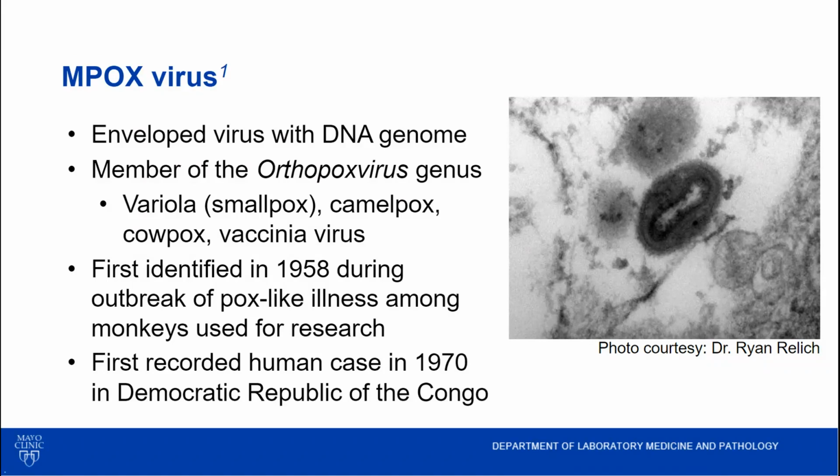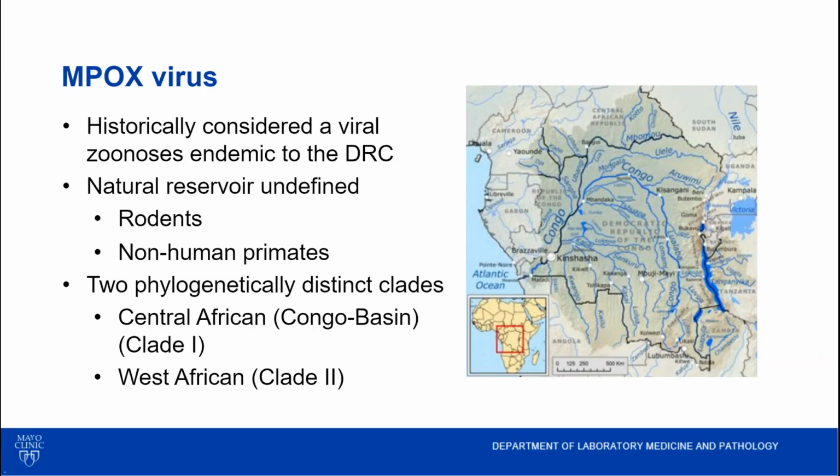And so we've known about MPOX virus in the human population for over 50 years. But as we'll point out, there's something very different and unique about the current ongoing outbreak of this virus across the globe. So historically, this virus has been considered a viral zoonosis, which is endemic to the Democratic Republic of the Congo in Africa.